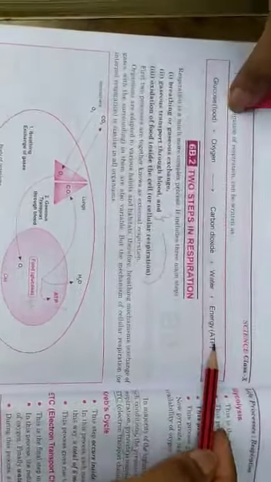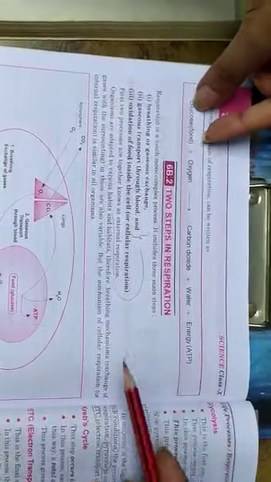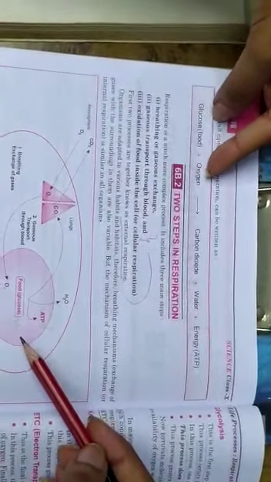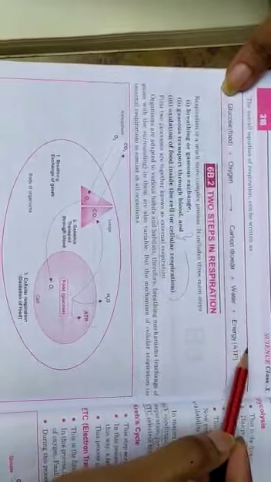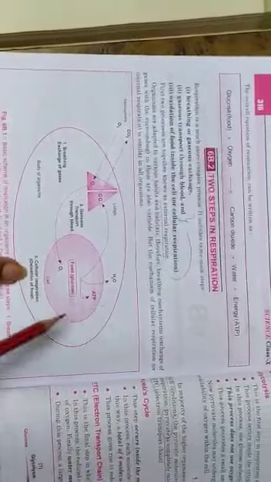In this equation you have already seen what comes after addition of oxygen: carbon dioxide is released, water is released, and energy is released. Where is this process actually happening? This process actually happens in this cell.